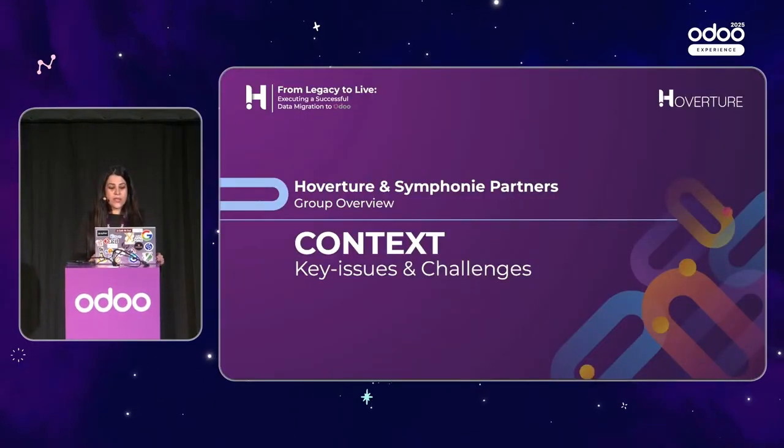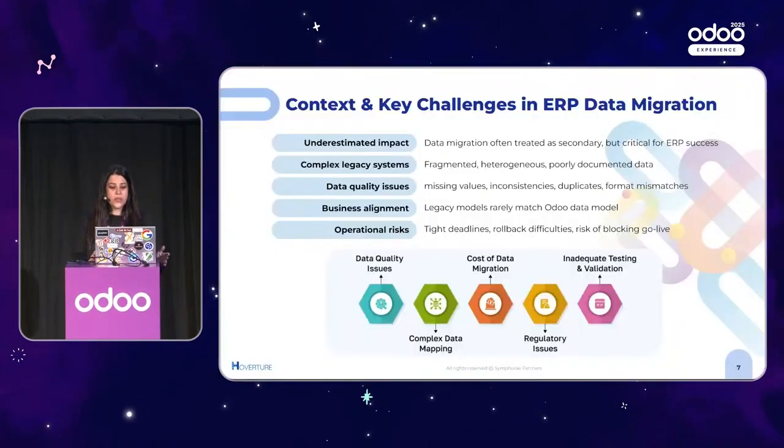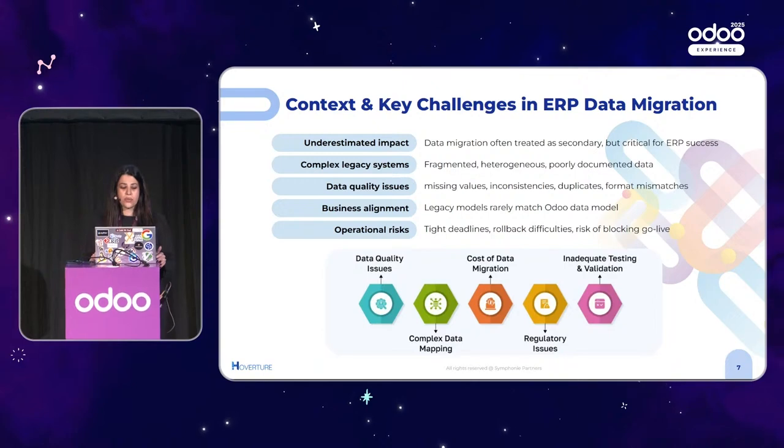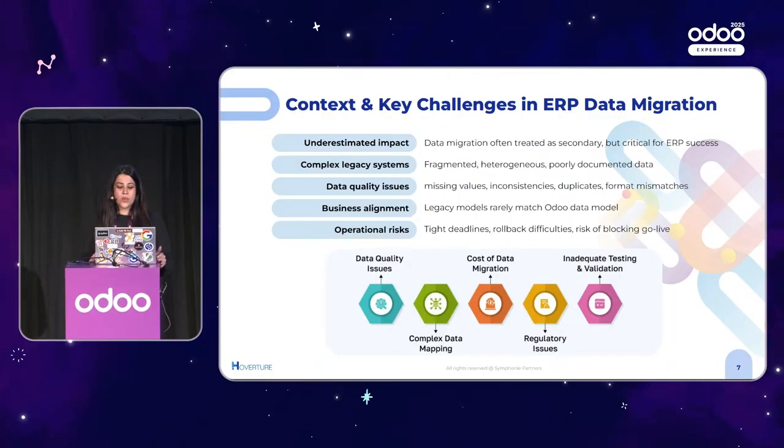So let's go to the key challenges and the key issues of this kind of projects. Usually when we do an ERP data migration, we have a lot of very common issues that usually are very, very underestimated. In fact, data migration is often treated as a secondary task, but actually it is very important for an ERP project success.